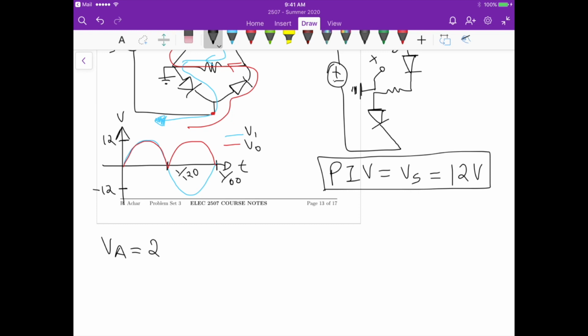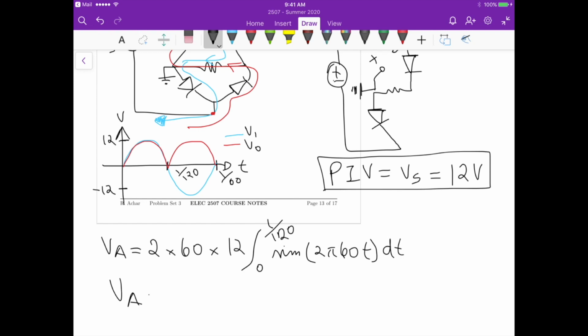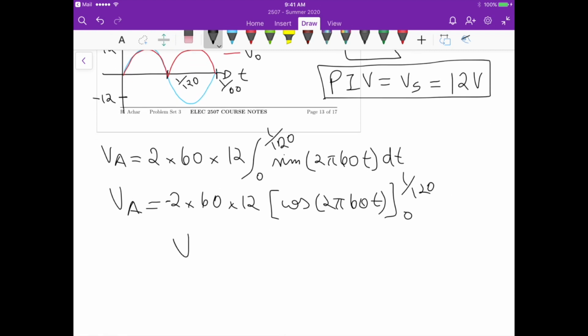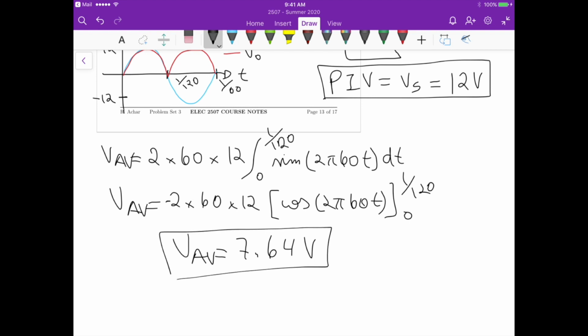The entire period is 1 over 60, so it's 2 times 60 times 12, integral from 0 to 1 over 120 of sine of 2 pi 60 t dt, and that gives us an average voltage of 2 times 60 times 12 times minus the integral of sine, which is cosine of 2 pi 60 t, from 0 to 1 over 120, and the average voltage is just 7.64 volts in this case. Okay, that's it for this problem.